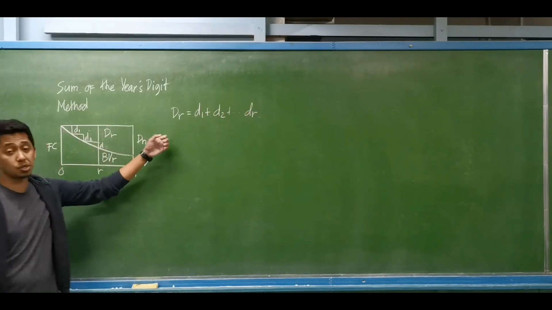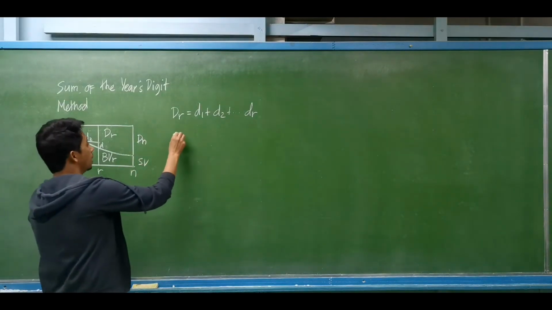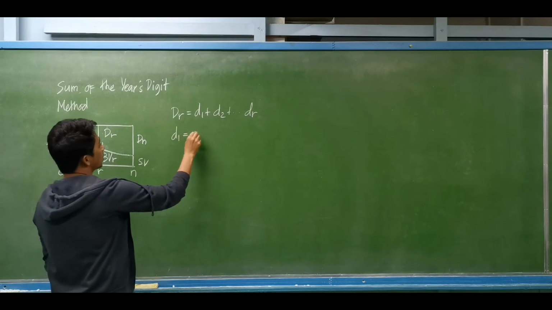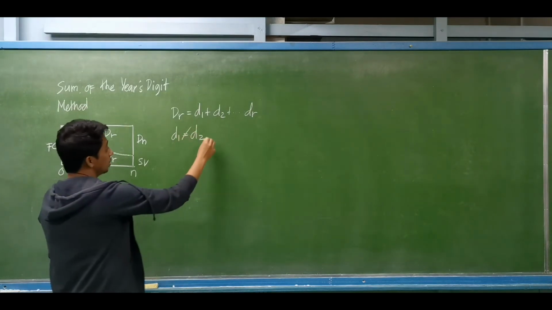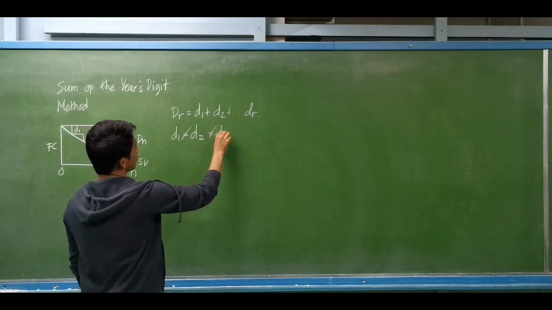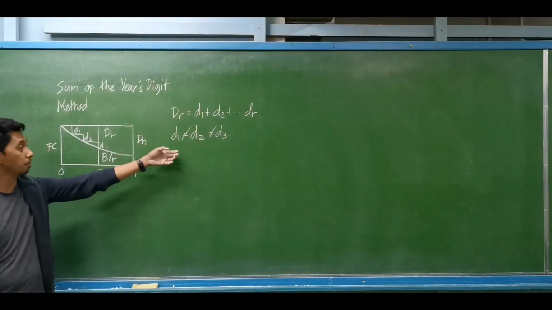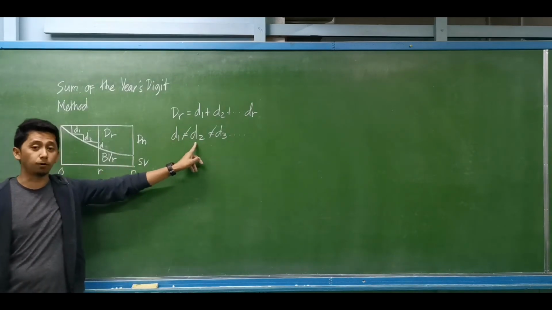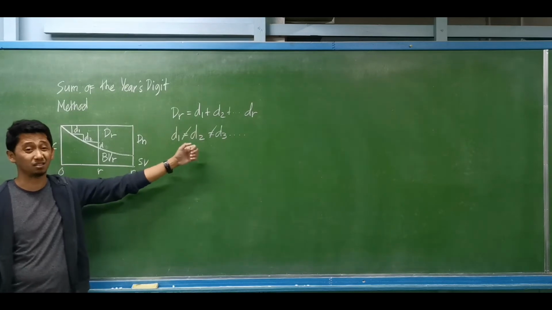Take note that this is a non-uniform method, which means the depreciation on the first year is not the same as the depreciation on the second year, and not equal to the depreciation on the third year, and so on. So you compute the depreciation per year since they are not equal.